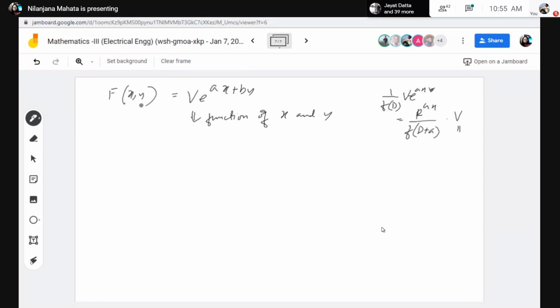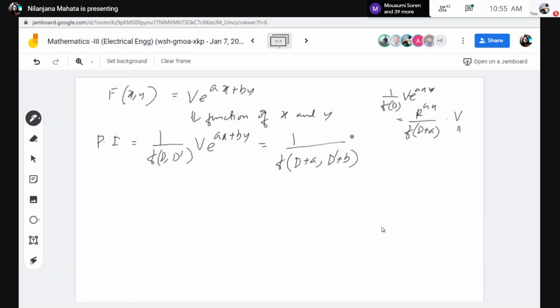Since now your independent variables are x and y, V is a function of x and y, and our PI will be nothing but f(D, D') V e to the power ax plus by, where I will replace D by D plus a and D' by D' plus b, and this will be e to the power ax plus by into f(D+a, D'+b) V. Now I have to solve this type of problems, right?